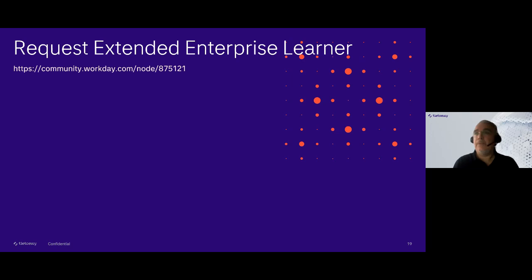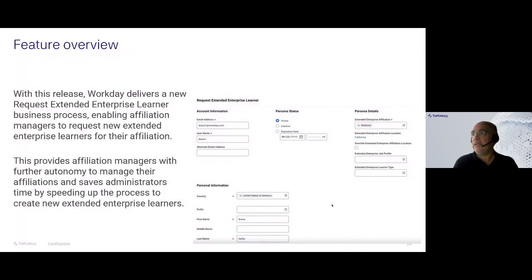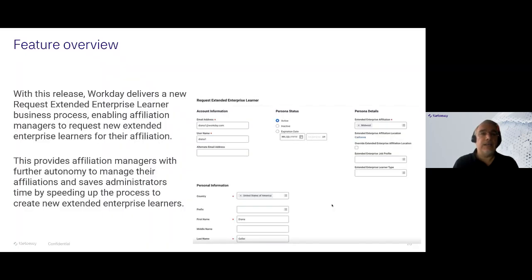So not all of you might be familiar with this, but it's quite important for the guys who are using these. The first one here is request extended enterprise learner. The idea is that the affiliation managers can now request that they want to add a new learner for their affiliation.